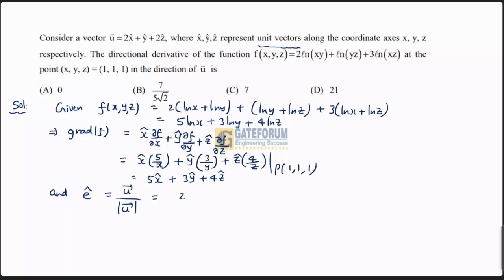So this is 2x cap plus y cap plus 2z cap divided by the length, square root of 2 square plus 1 square plus 2 square. So this simplifies to 1 by 3 into 2x cap plus y cap plus 2z cap.